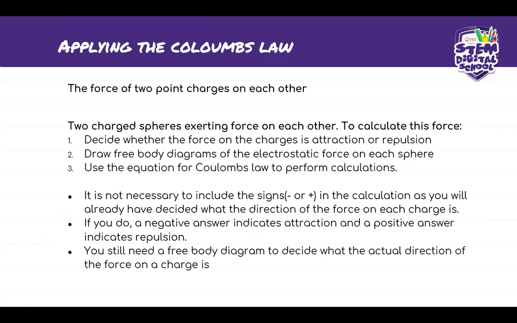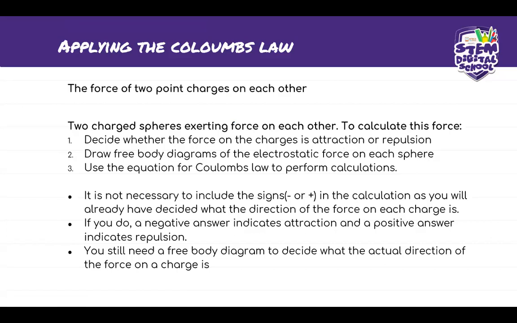The theory states that when two like charges are placed together and exert force on each other, they become repulsive. But two unlike charges, which means a negative charge and a positive charge, will be attractive to each other. Okay, so this is how we decide whether the forces on the charges is attraction or repulsion. That's what that means.